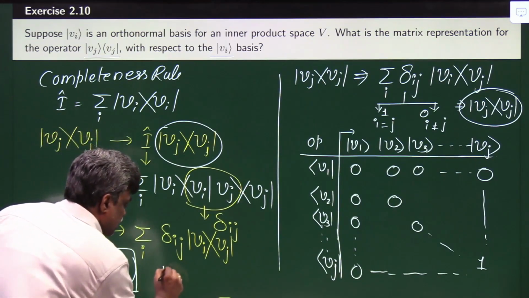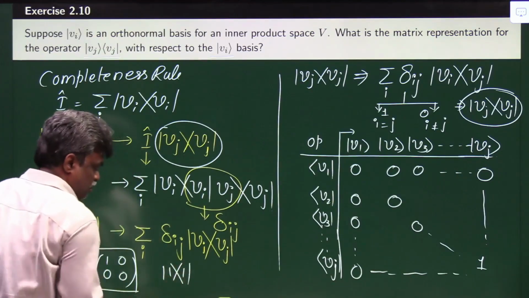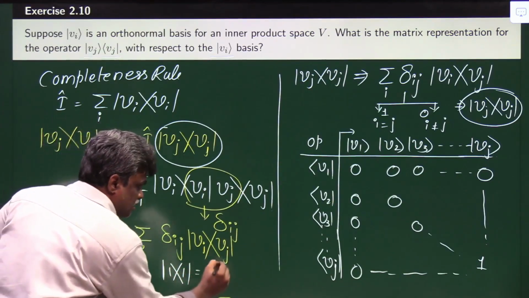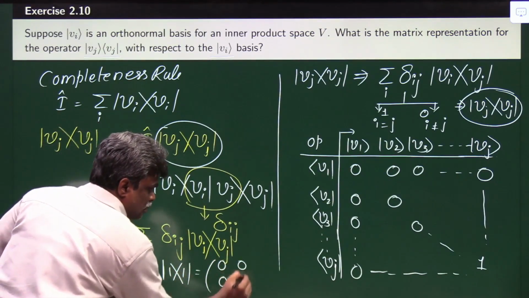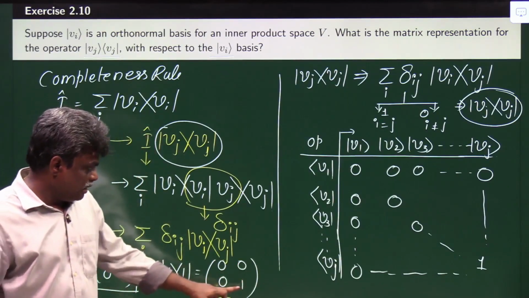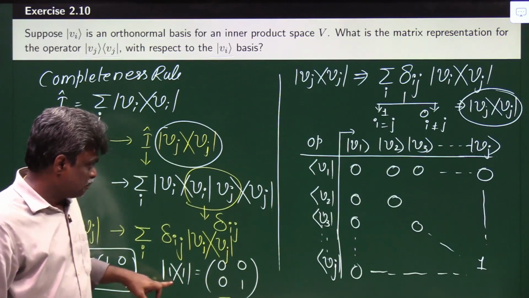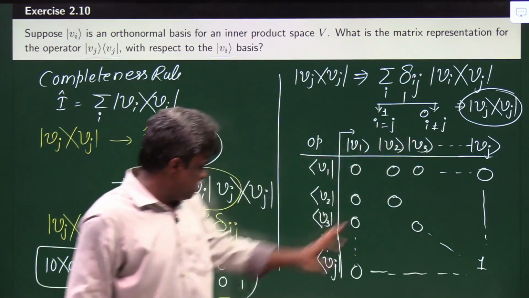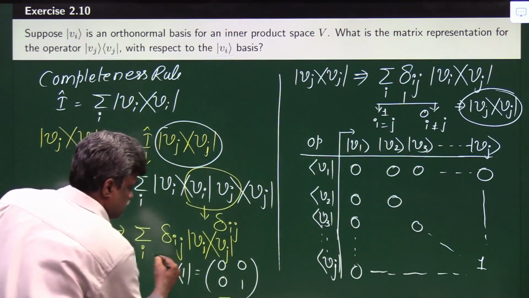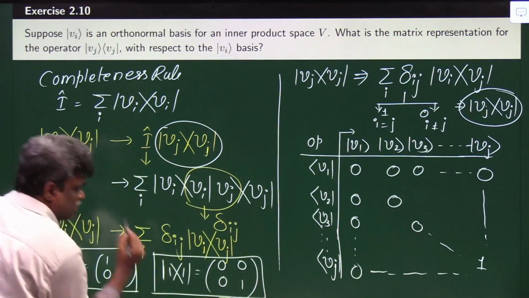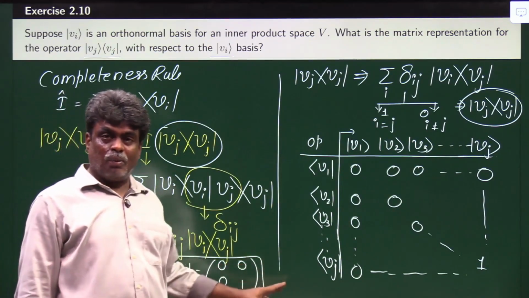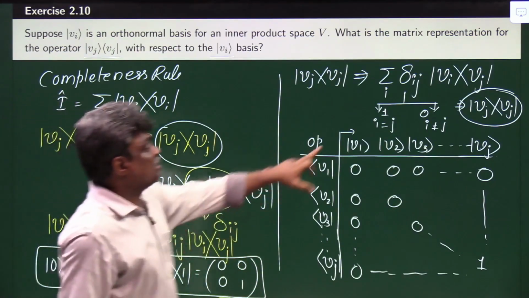And similarly, if you take this outer product |1><1|, this is 0 0 0 1. So only the element corresponding to ket 1 and bra 1 is 1. If you have any confusion here, please see this example, you will get clarity. So only that element is 1 and the rest of the elements are 0.